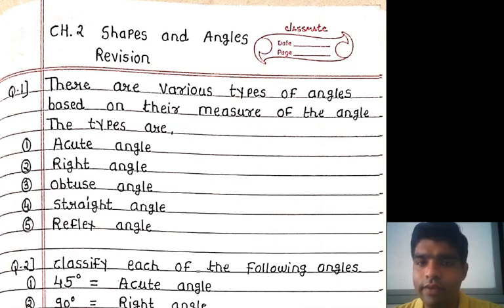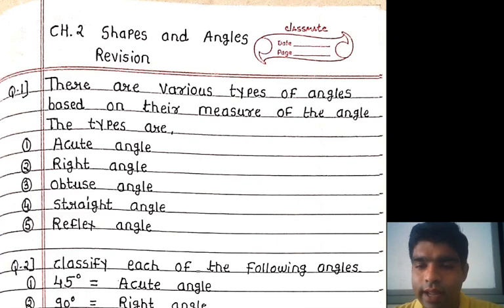These are the various types of angles based on measurement. Once again I repeat, this is your acute angle, which measures between 0 to 90 degrees. Second one is the right angle, exactly 90 degrees, and the third one is the obtuse angle, measuring 90 to 180 degrees.